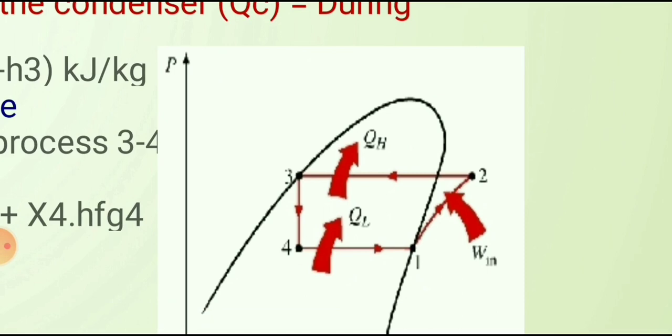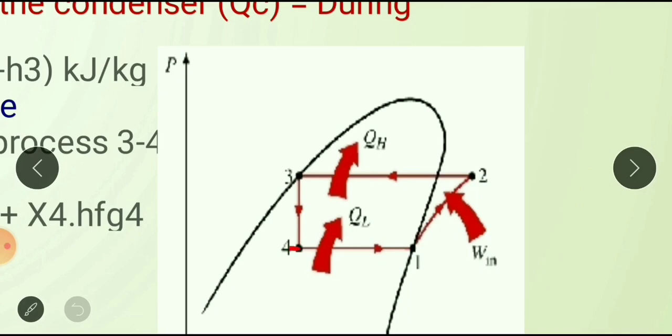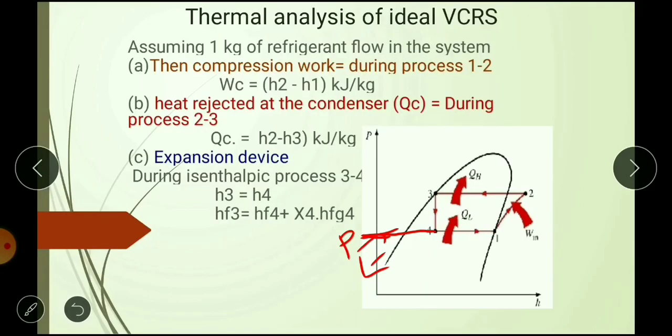Therefore, if we draw the horizontal line from here, this is the evaporator pressure PE, which intersects at that point on the saturated liquid line.